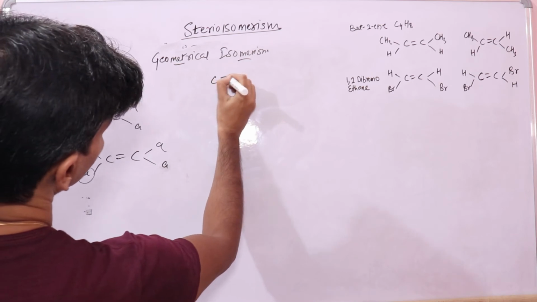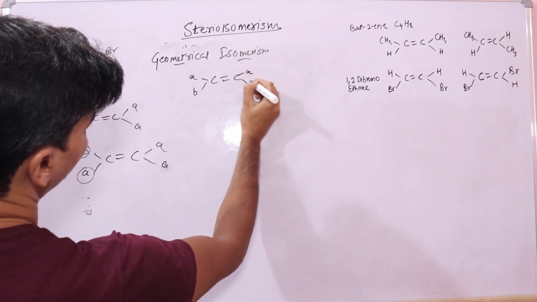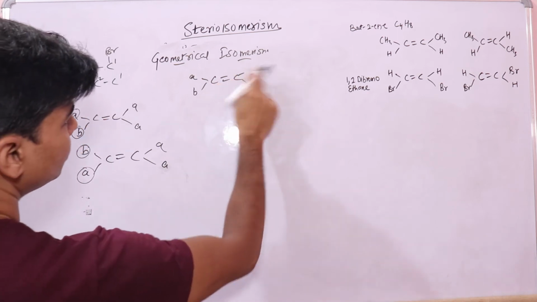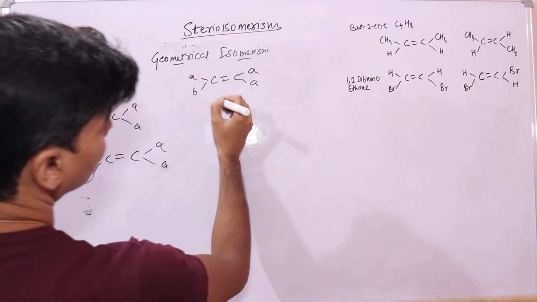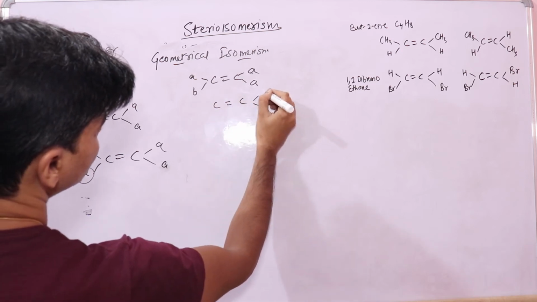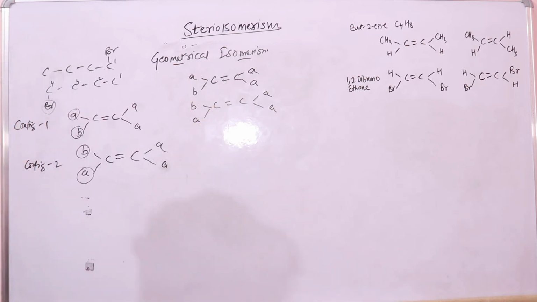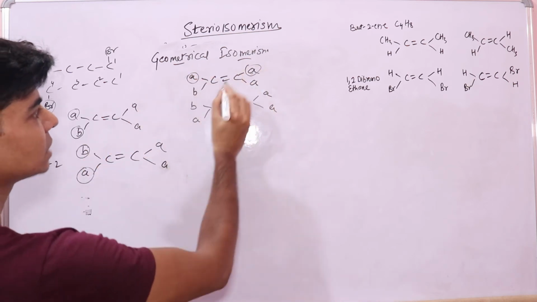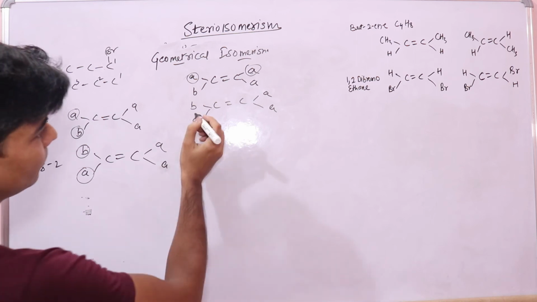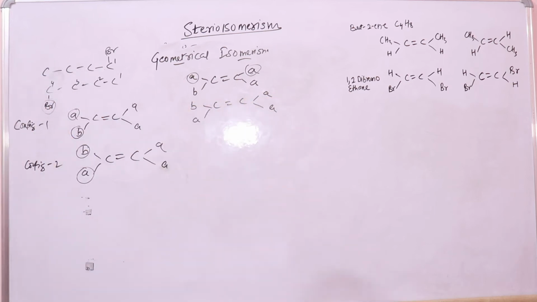For example, if you have this compound, like I said, this is one form and this is your another isomer, right? You can see in one isomer you have these two atoms A A on same side of the double bond, right? In another isomer you have different atoms on the same side of the double bond, right?